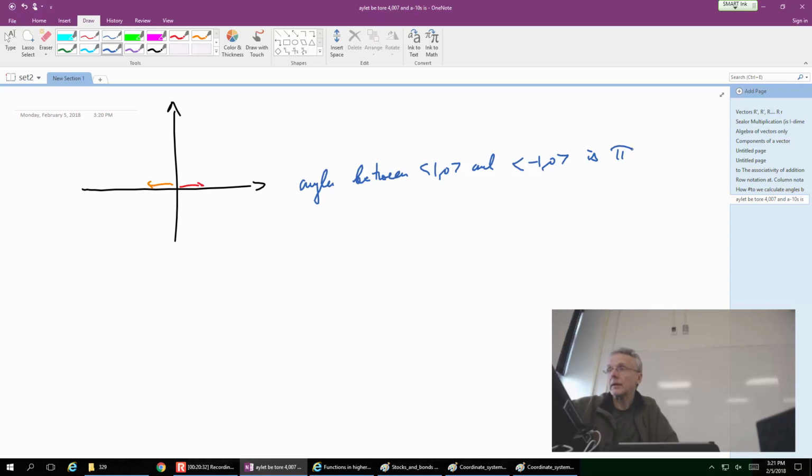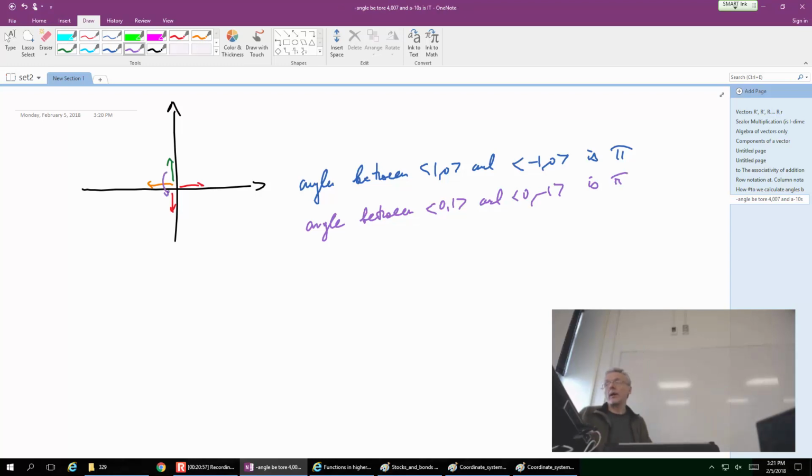On the other hand, if I go vertical like this, then what do I say? The angle between 0, 1 and 0, negative 1 is pi, right? So once again, this one is also pi. Do you see what's happening here?